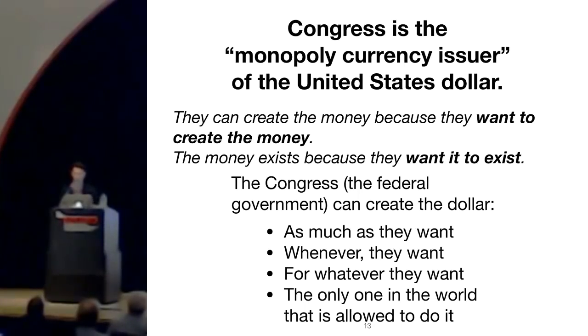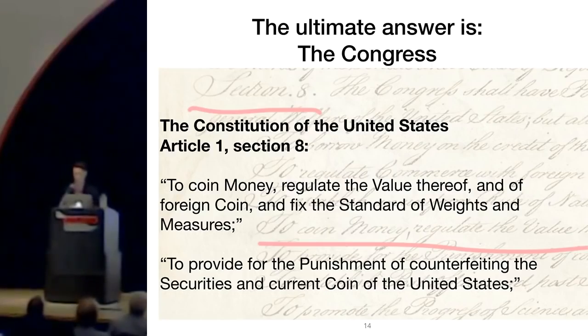So the Congress, and I'm going to say Congress and federal government sort of interchangeably, the Congress can create the dollar as much as it wants, whenever it wants, for whatever it wants, and it is the only one in the world that is allowed to do it. The Constitution, Article 1, Section 8, is what declares that the Congress is the monopoly currency issuer, and also through a series of some Supreme Court cases further clarifies that they can create coins, bills, and electronic money.